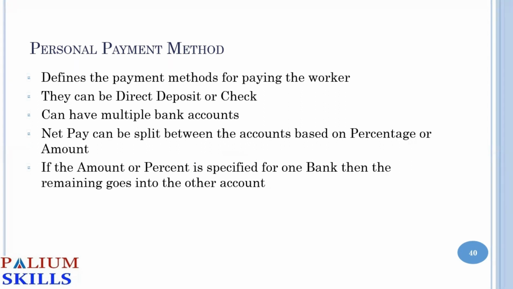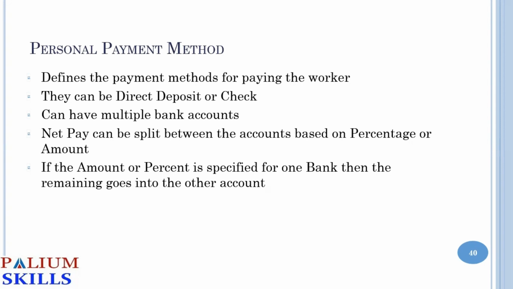Let's say you have two banks, Axis Bank and ICICI Bank. You have a home loan, personal loan or car loan with ICICI Bank, where you're paying an EMI of, let's say, 10,000 every month. So you can tell the company that, look, I have an ICICI Bank home loan which I want deducted from my ICICI Bank account, so every month please pay me 10,000 rupees into ICICI Bank.